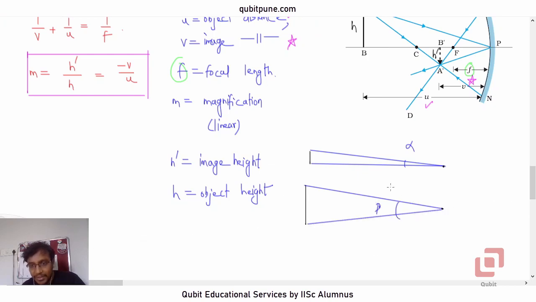So this point is your eye. This is unaided, this is through telescope. So the ratio of beta and alpha is called angular magnification. Got it now? This is angular magnification.